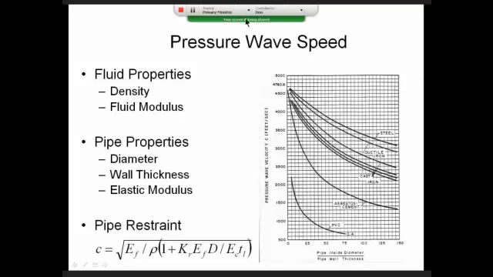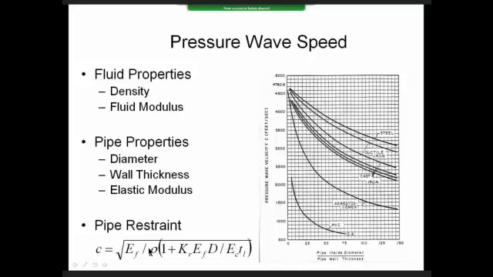So this is a chart that just shows you the wave speed, and what this is showing is that when the diameter over the thickness, if this number gets larger, which means it's a thinner wall pipe, it reduces the wave speed. In fact, the equation here says that the wave speed is the square root of the elastic modulus of the liquid over density, and that's the wave speed in just a pure liquid.